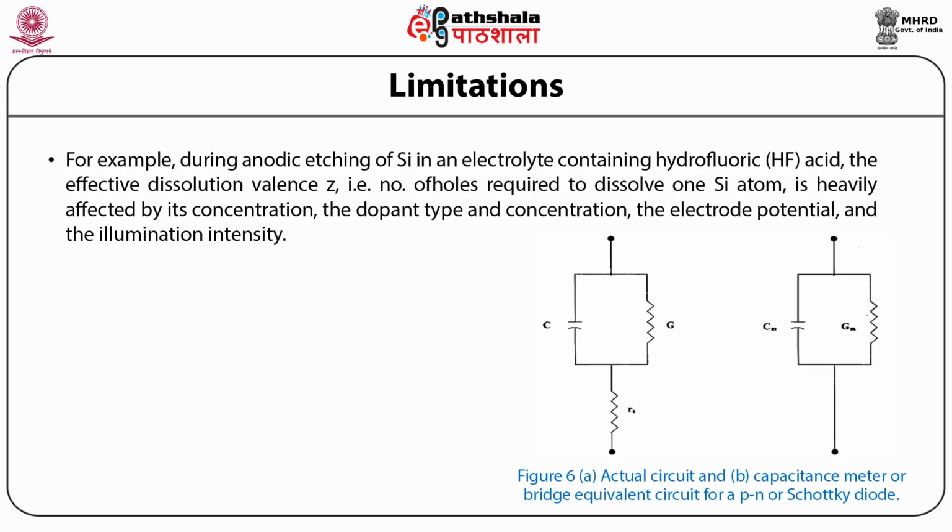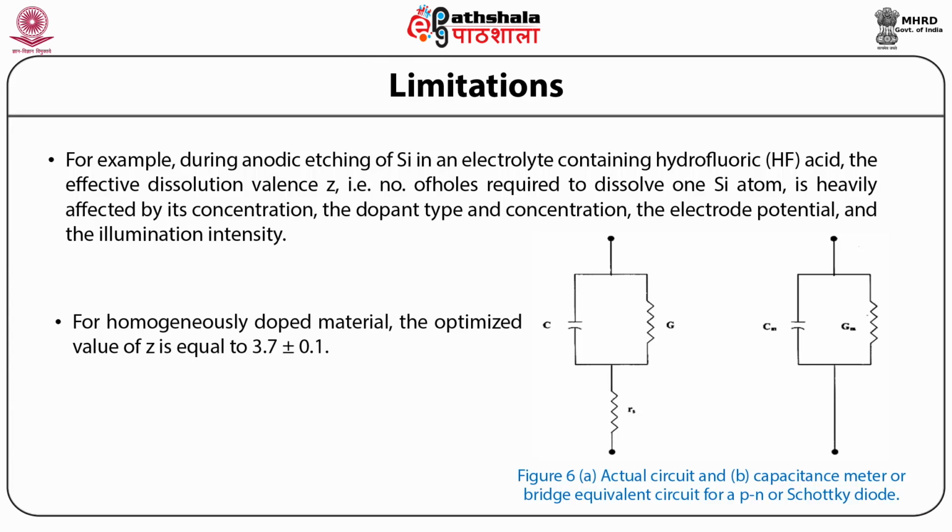For example, during anodic etching of Si in an electrolyte containing hydrofluoric acid, the effective dissolution valence Z, that is, the number of holes required to dissolve one silicon atom, is heavily affected by its concentration, the dopant type and concentration, the electrode potential, and illumination intensity. For homogeneously doped material and optimized conditions, Z equals 3.7 plus or minus 0.1.